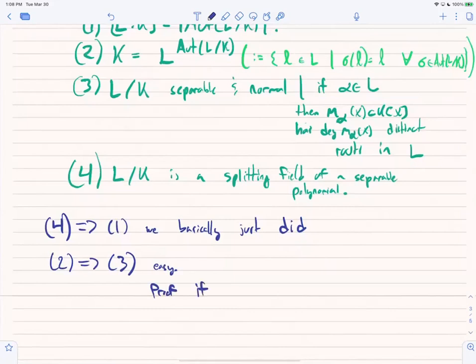If alpha is contained in L, then you can just look at the orbit of alpha under the automorphism group.